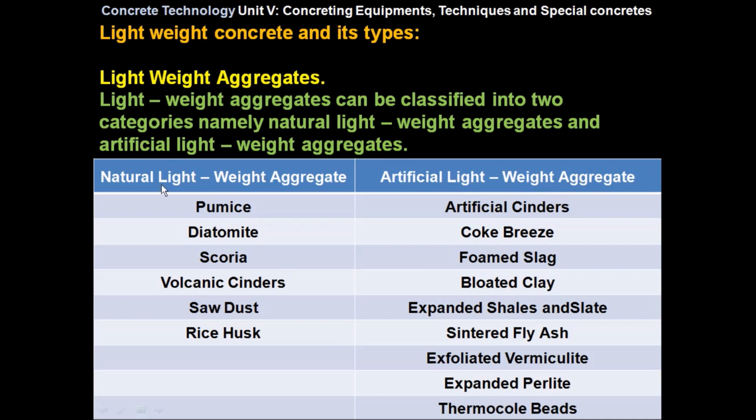The natural lightweight aggregates are pumice, diatomite, scoria, volcanic cinders, sawdust and rice husk. Artificial lightweight aggregates are artificial cinders, coke breeze, foam slag, bloated clay, expanded shale and slate, sintered fly ash, exfoliated vermiculite, expanded perlite, and thermocol beads.